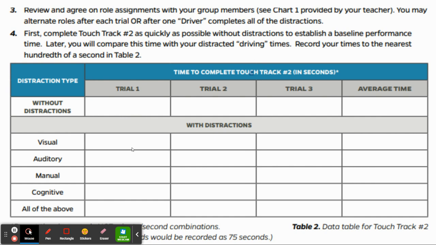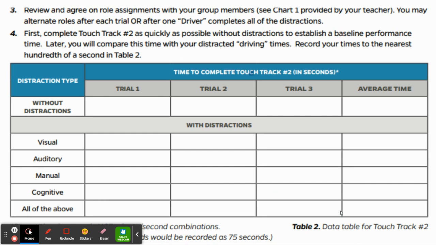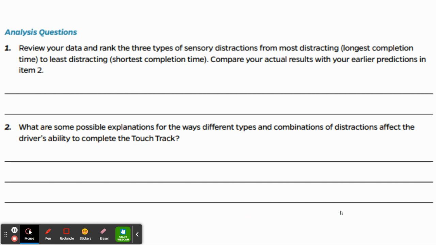And then down at the bottom, there's with distractions and the average time. Once each student has had a chance to go through that, or if you're short on time, having one student do it and using them as an example for the group, then you're going to go on to the analysis questions.